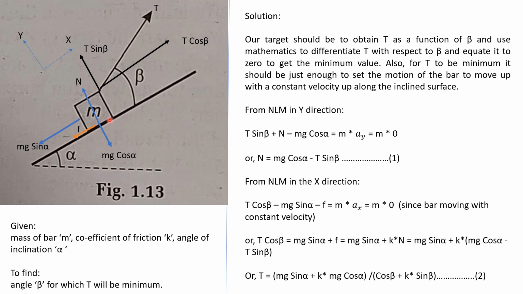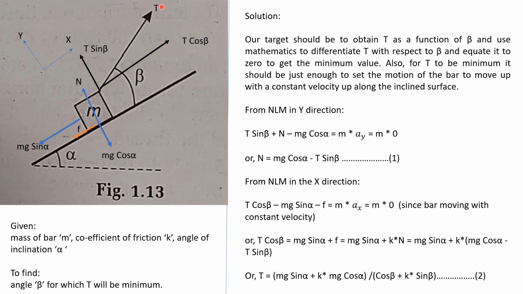The normal reaction force from the inclined plane on the bar is N. And T is the tension applied to the thread for the pull. T will have two components: T sine beta perpendicular to the inclined plane and T cos beta parallel to the inclined plane. We have taken the y-axis perpendicular to the inclined plane and the x-axis parallel to the inclined plane.